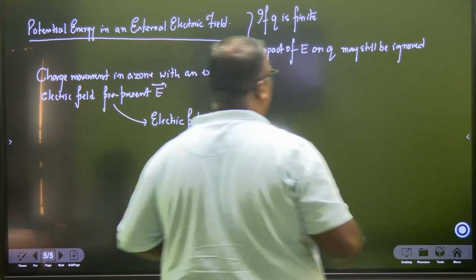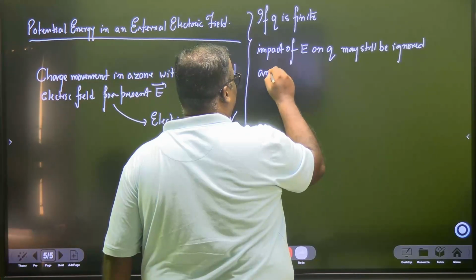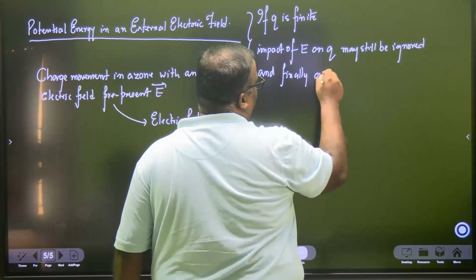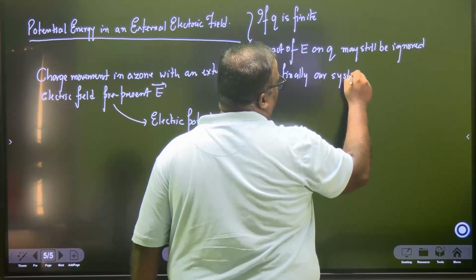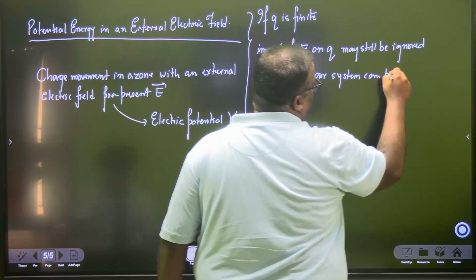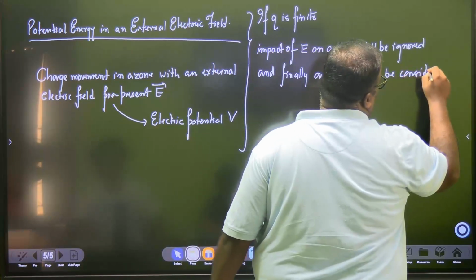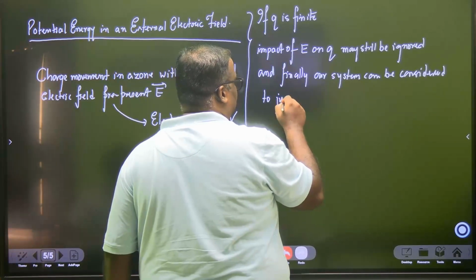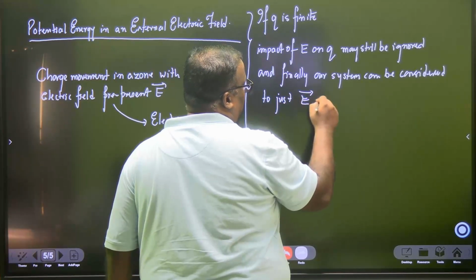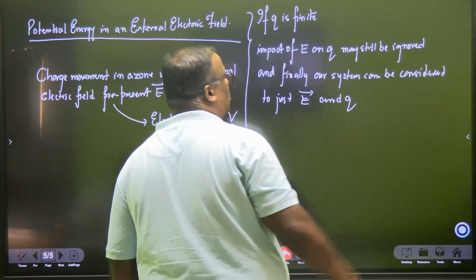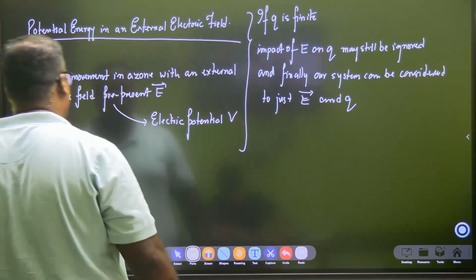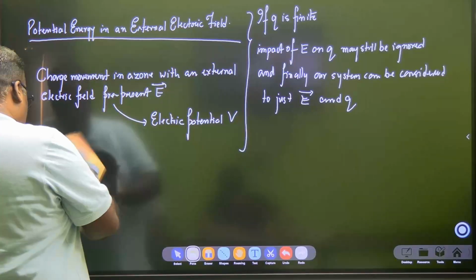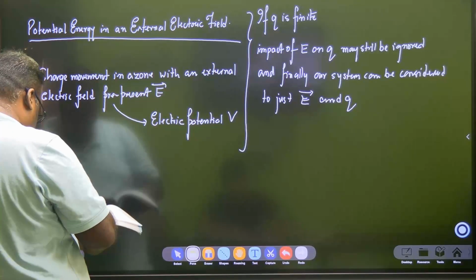And finally, our system can be considered to have just E and Q. No other influence is there. E is coming from a very far off place, and E's value is fixed, and you have a Q, and there is no intermixing between them.